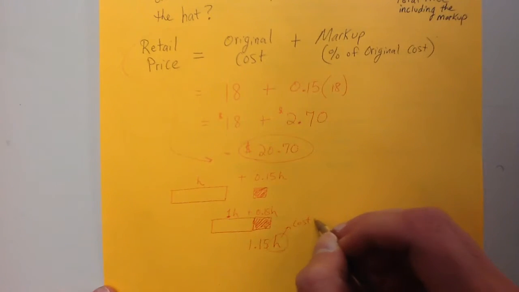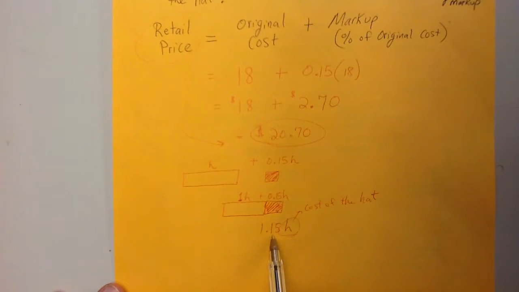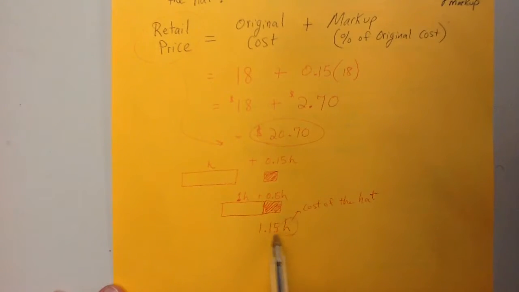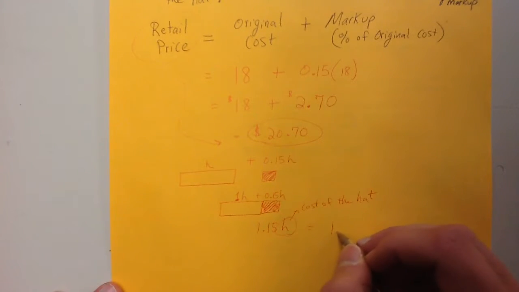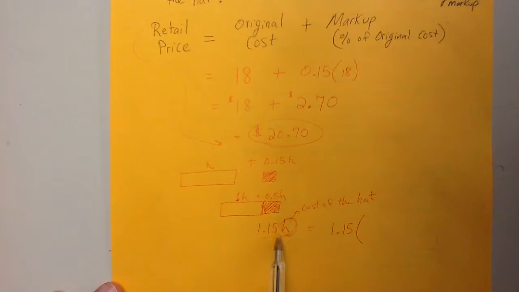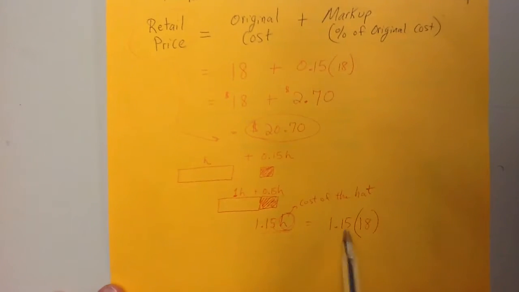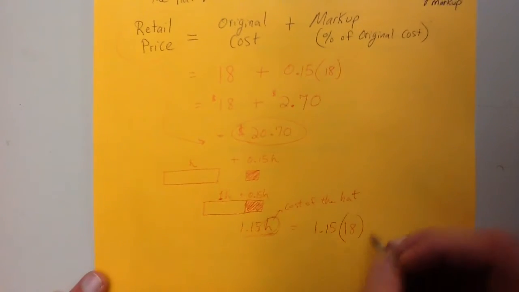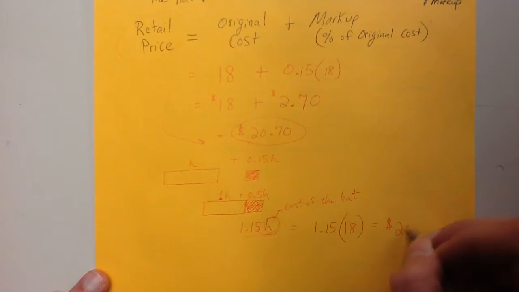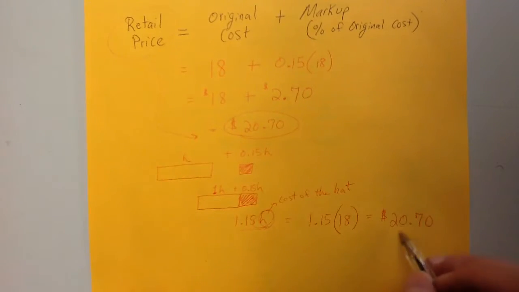If I have this expression, I can substitute in the cost for H. So this would be equal to 1.15 times the cost of the hat, which is $18. If I take 1.15 and multiply it by 18, I'm going to get $20.70, which is exactly what we got when we used this equation.